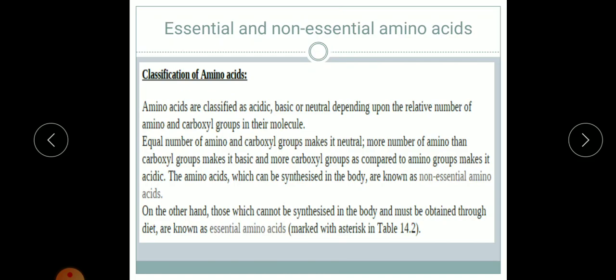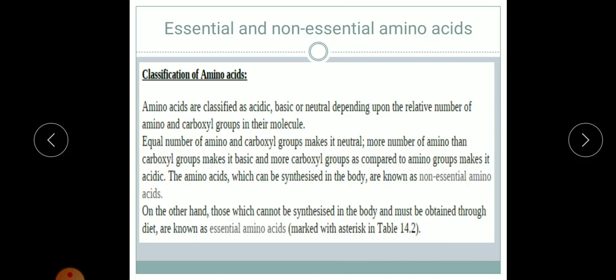Now, classification of amino acids. If you see some of the structures there, we observe that an amino acid already has one amino and one acid group. If there are more NH2 groups, that means NH2 is basic, that becomes a basic amino acid. And if there are more carboxylic acid groups than NH2, then it will be an acidic amino acid.